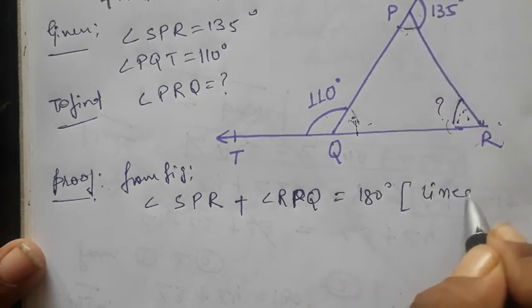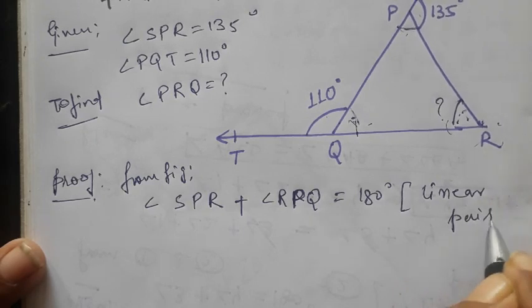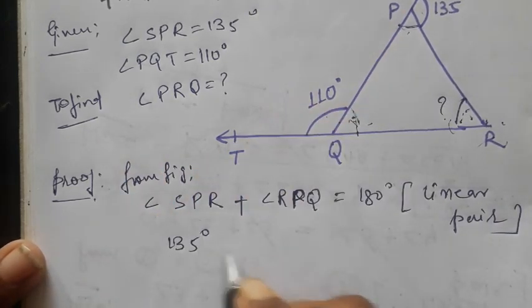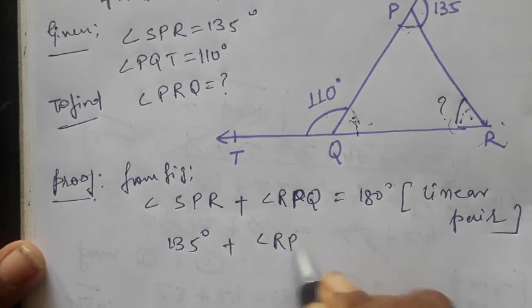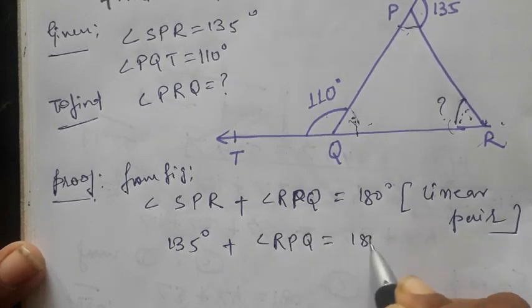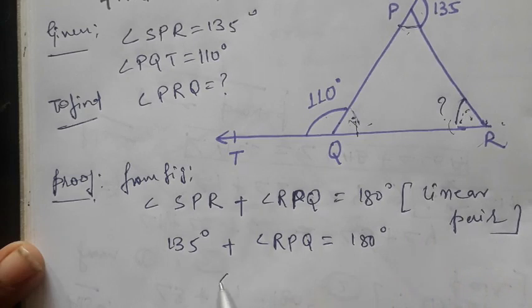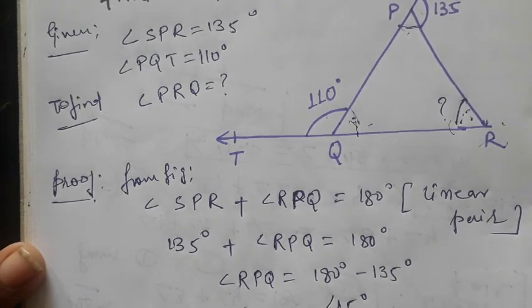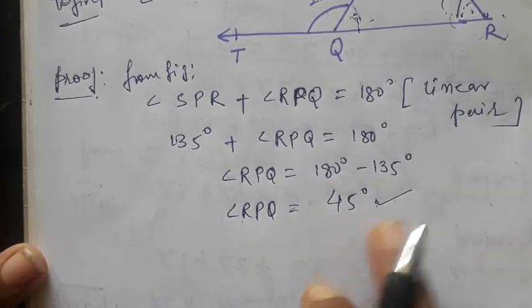Because of the linear pair. So SPR is already given to you, that is 135. Angle RPQ we are finding to apply the angle sum property. So from here I get RPQ, that is 180 minus 135, which is equal to 45. That is RPQ. I got it.